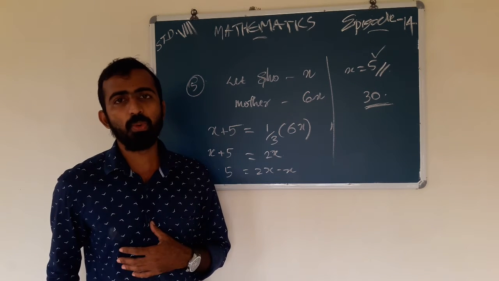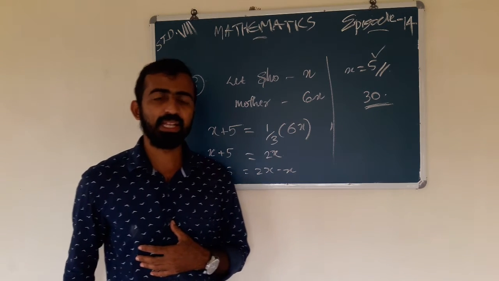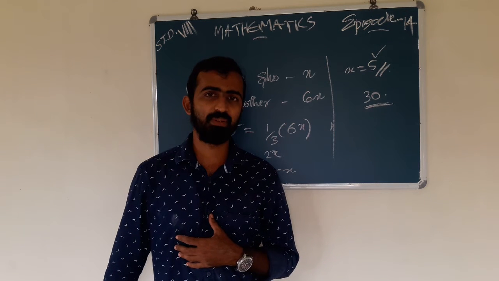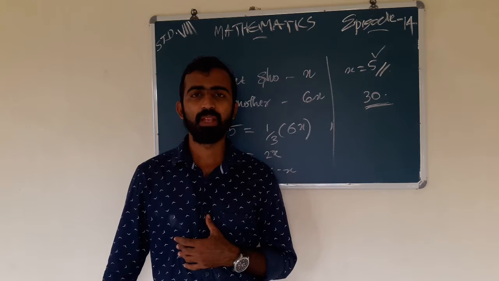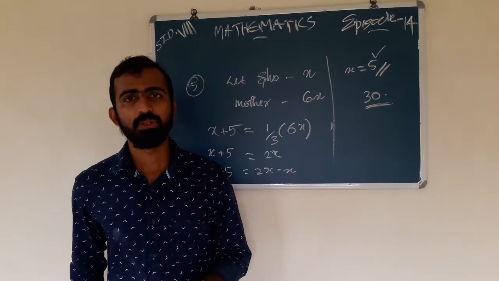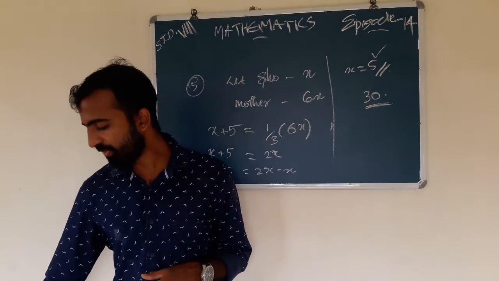Shobu's mother's age is 6x, that is 6 into 5, we get 30. That is the answer. Any doubt? This is the solution for the 5th one.